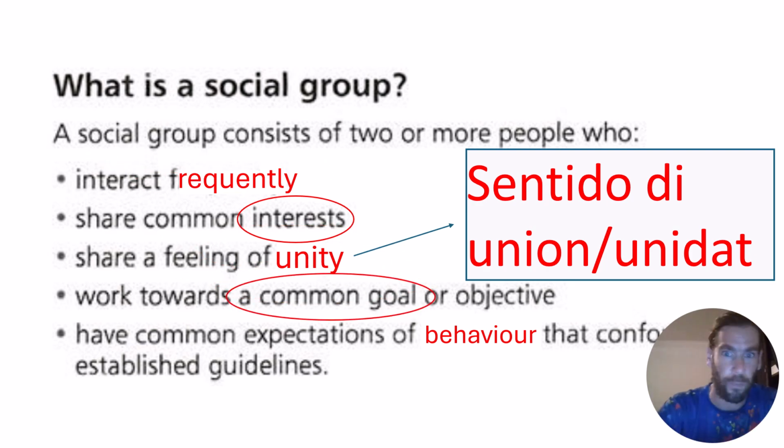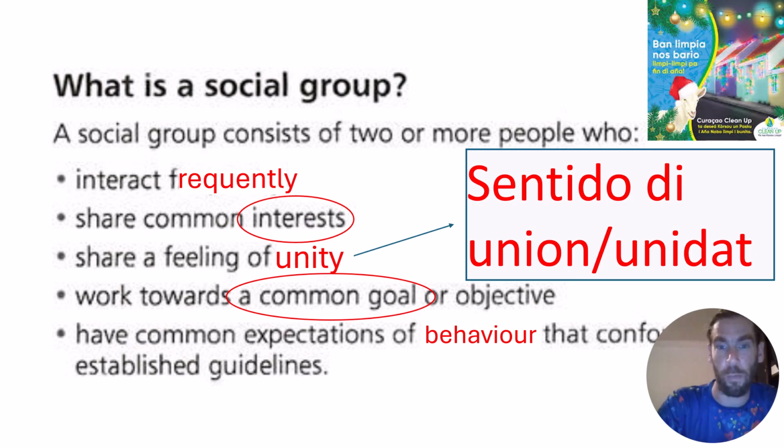goal or objective. For instance, cleaning your own neighborhood, be it Coral Specht or Tra'i Cer'u or Barber. Cleaning your neighborhood can be a common goal.